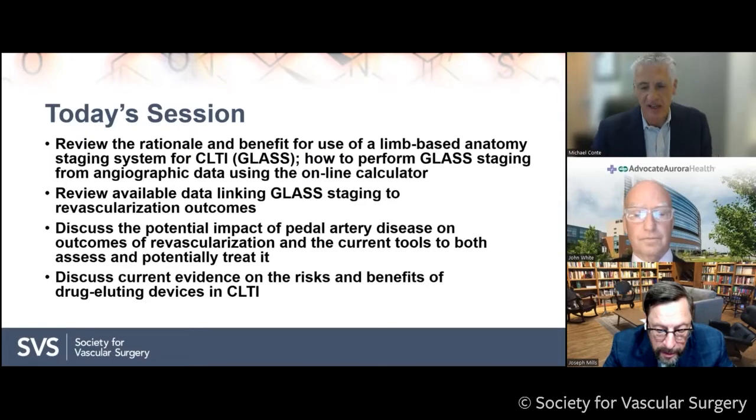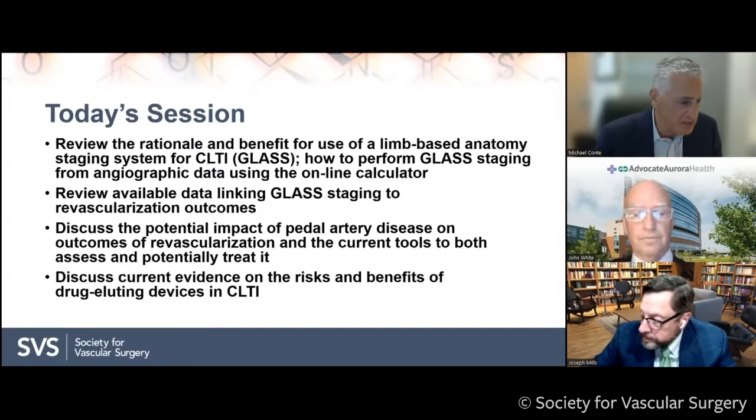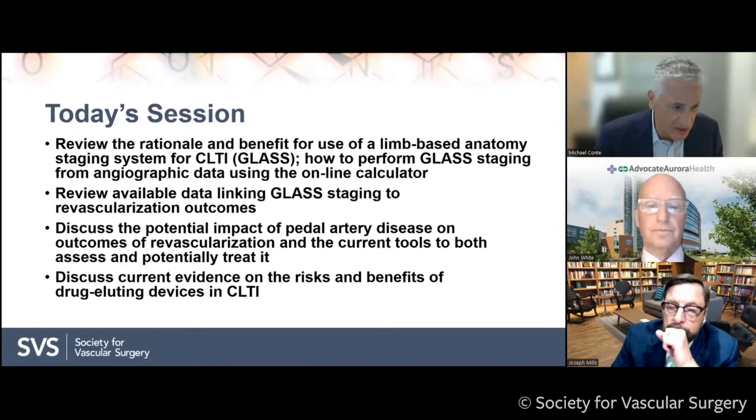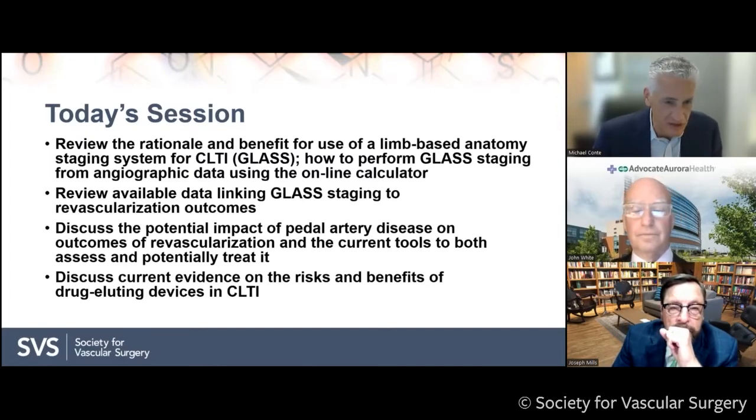Hopefully everybody has already downloaded the SVS Guidelines app from the App Store. If you haven't, please go ahead and do that now on your phone. You should note that there are three calculators in there related to the global guidelines. There's WIfI for limb staging.